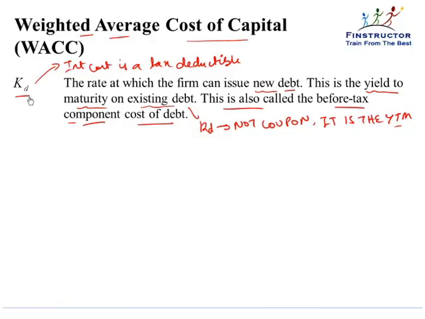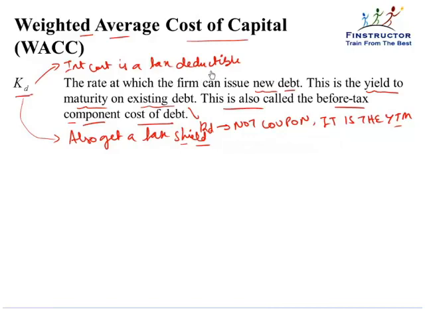So I do have to incur this cost, but I also get a tax relief. So the realized cost of debt is not KD. It is KD adjusted for the tax benefit or the tax shield that you are getting, because it reduces your profits and reduces your tax outgo, which is a cash outgo.